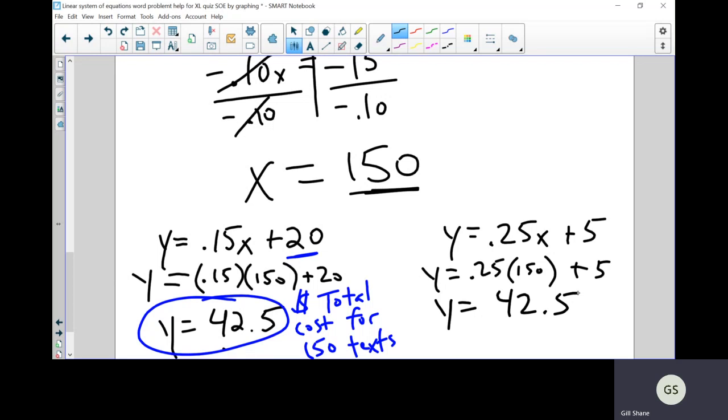So for her, that is her total cost for 150 texts also. It's the amount she spends on the texts plus this $5 that she has to pay as kind of a one-time fee. So I know I'm correct.